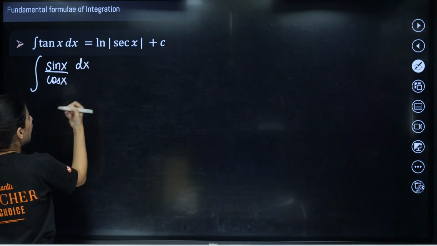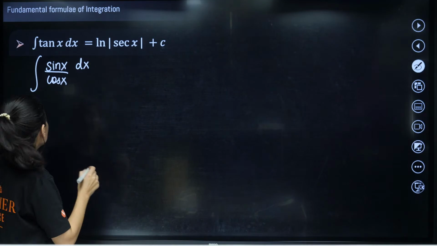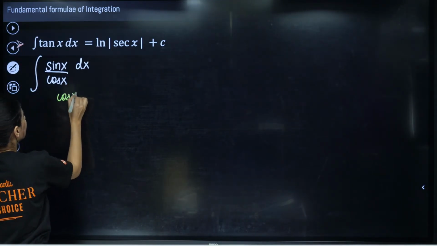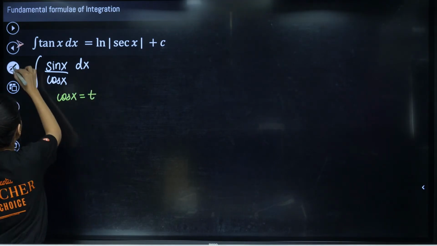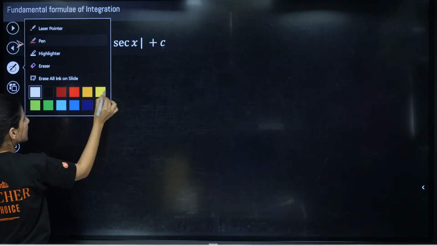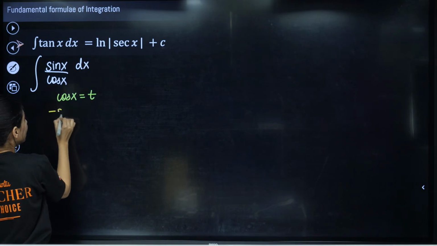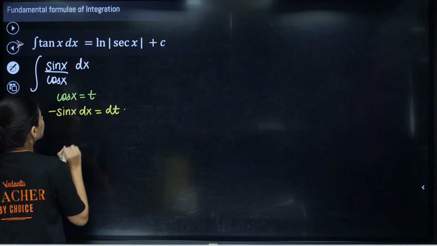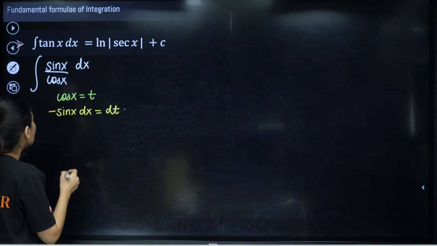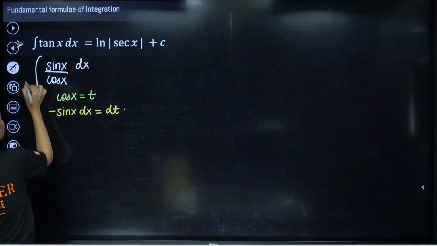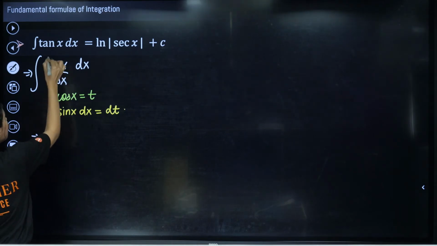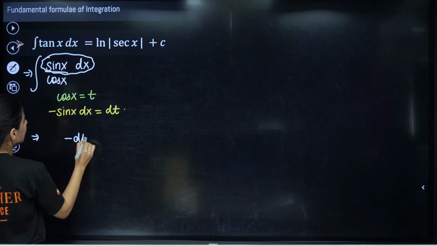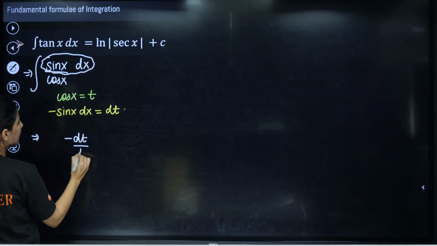Now I'm going to put cos x equals t. If you differentiate, minus sin x dx equals dt. So sin x dx becomes minus dt and cos x becomes t.